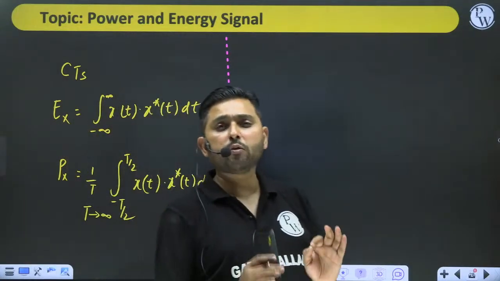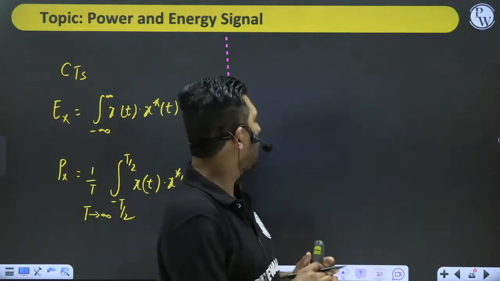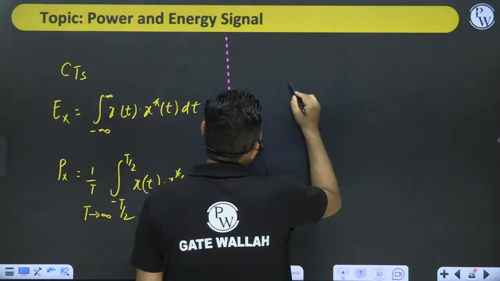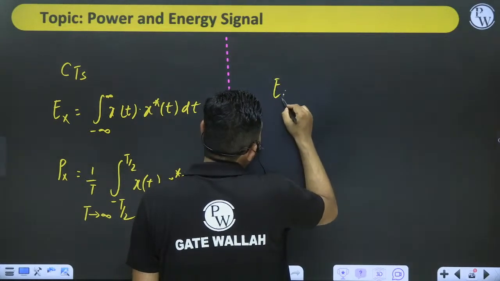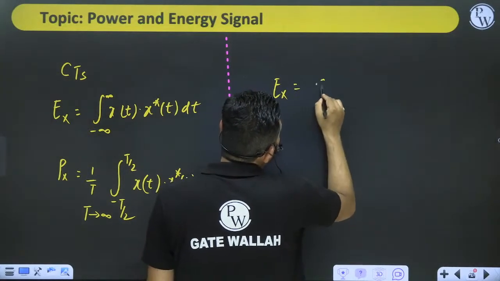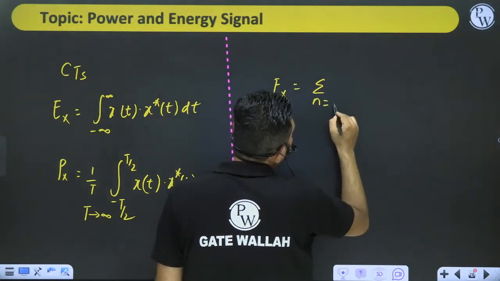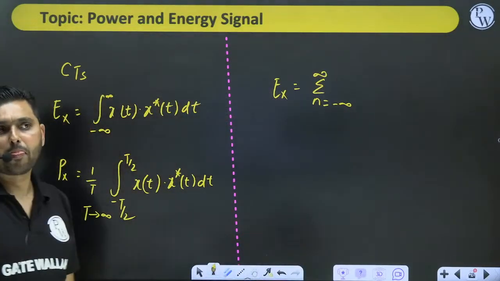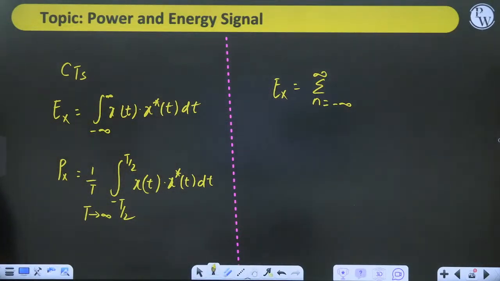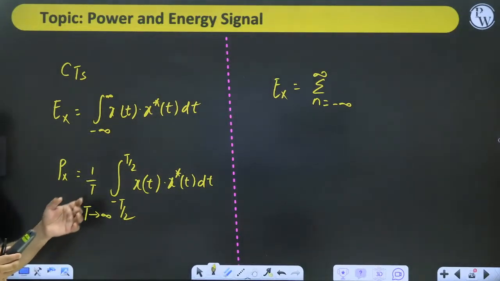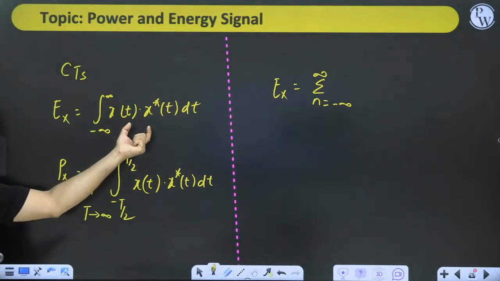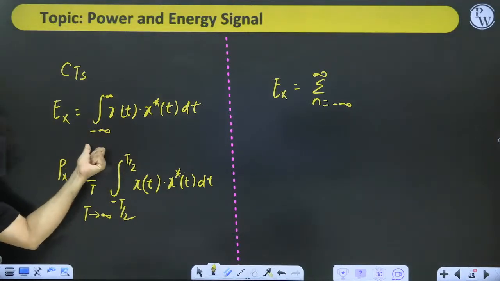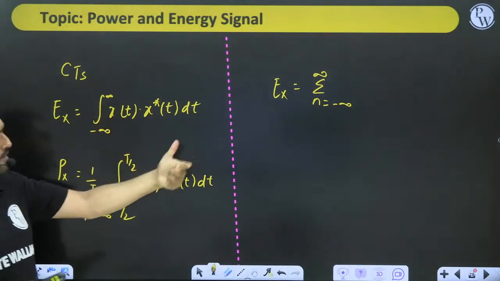Okay, so this is nothing but a representation of energy and power in continuous time. The same representation you can represent in discrete time also. So what is the discrete time representation? Ex is the summation from n equal to minus infinity to infinity. The integration in continuous time is summation in discrete time.